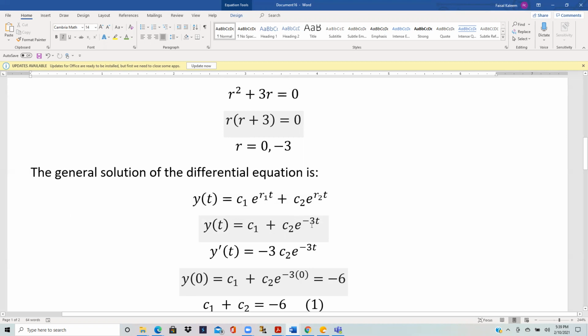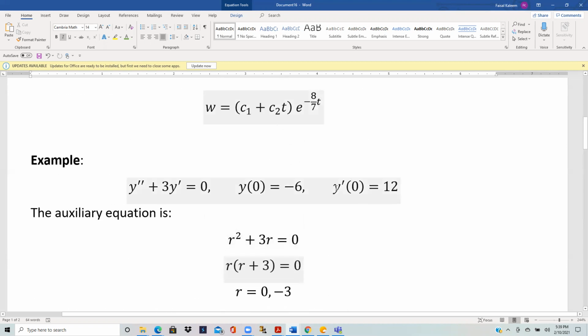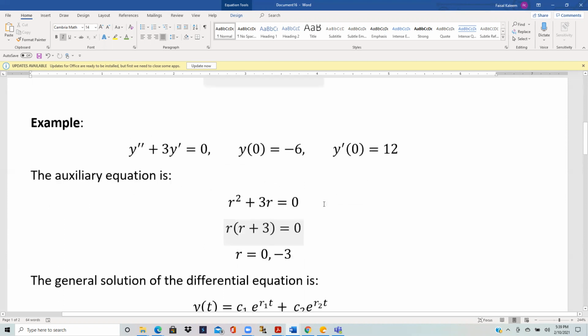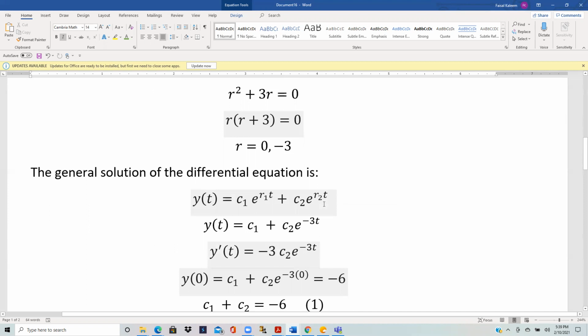So y prime would be the derivative. The reason why we are getting y prime is to use the second condition. This is a second order equation, so we need two conditions to find the two constants. Remember when we did not have the initial conditions, we used to say that the solution of the equation is this, and that would be the answer to the problem.